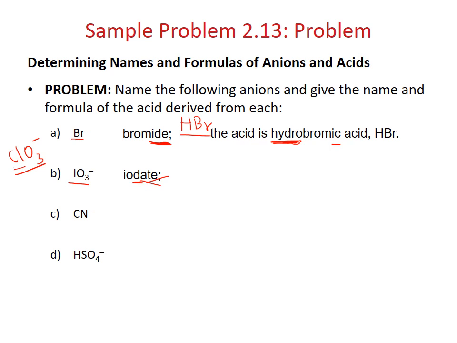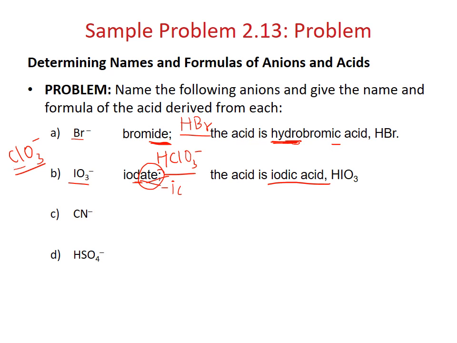Now, when you add a hydrogen, you get an acid, and the rule to name this acid is to change ATE to ic, and do not add hydro. So the acid should be iodic acid, iodic acid.